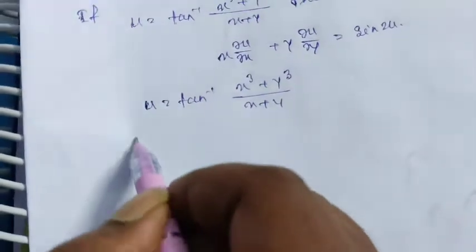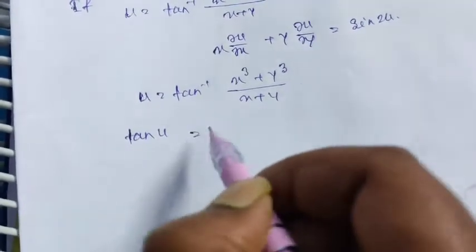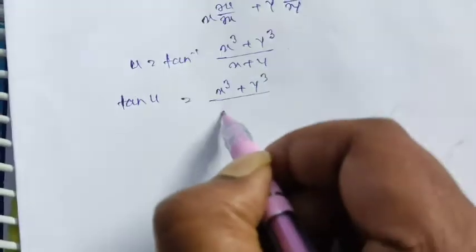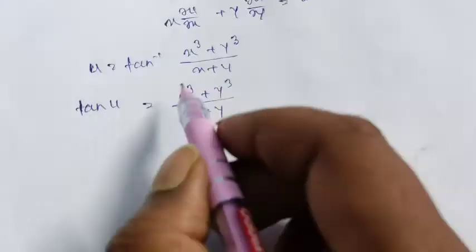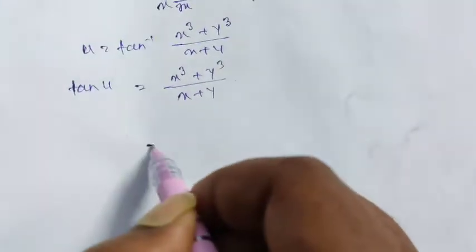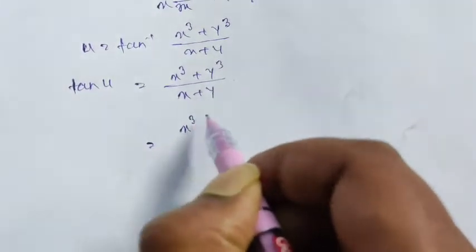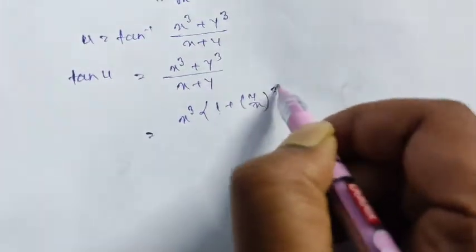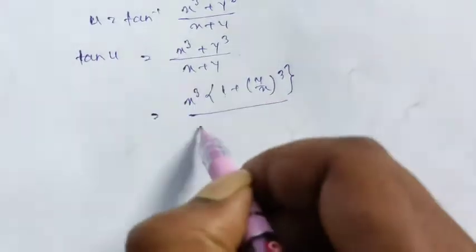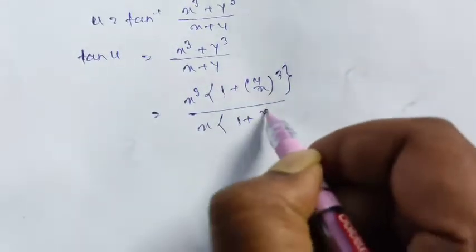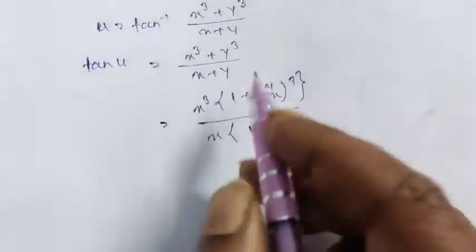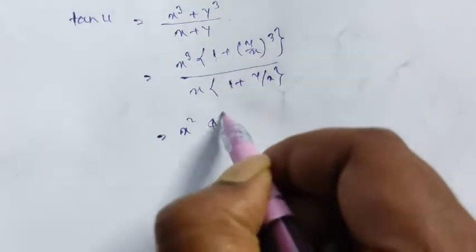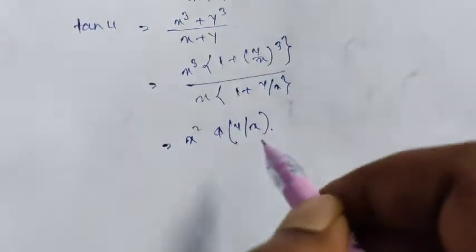So from here we can write that tan u is equal to x cube plus y cube by x plus y. And if we take x cube common from the numerator, we get 1 plus y by x whole cube divided by x into 1 plus y by x. Now we can write x square into phi of y by x.